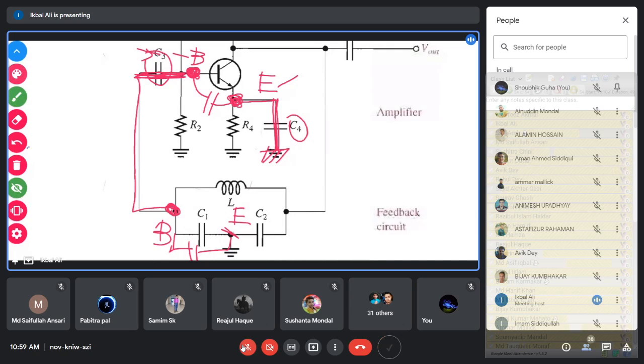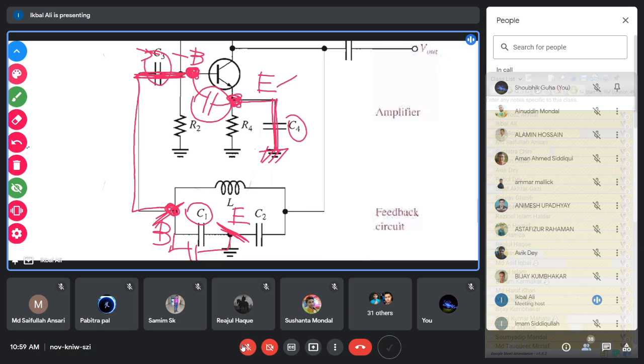So you have designed the oscillator circuit for a particular value of C1, suppose 0.1 microfarad, but the actual capacitance between this feedback point and the ground point will be 0.1 microfarad together with this junction capacitance CBE.